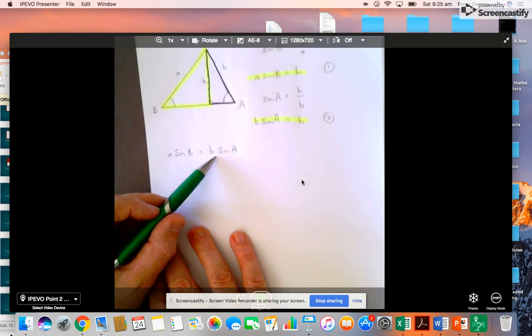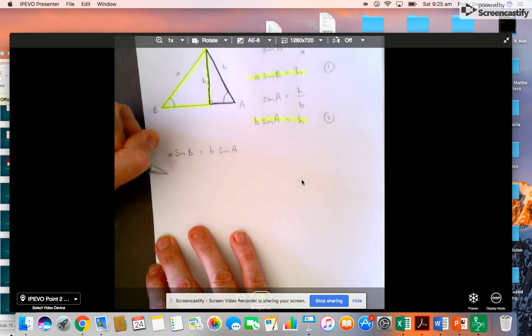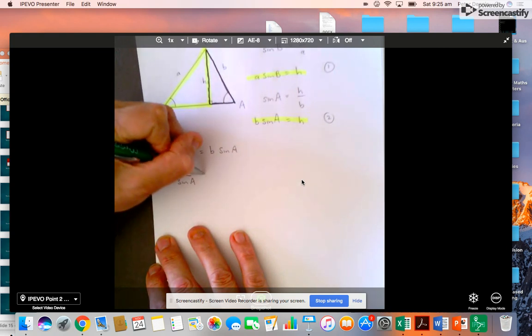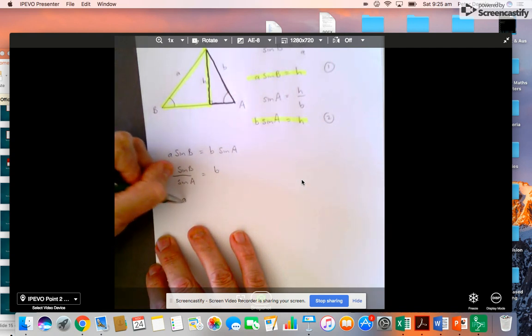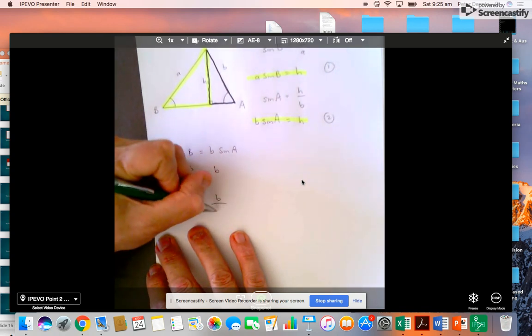If we divide both sides by sine A, what we get is A sine B over sine A equals B. And then let's divide both sides by sine B, and what we get is A over sine A equals B over sine B.